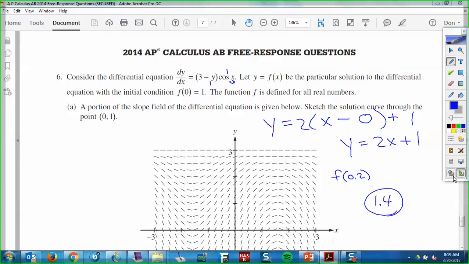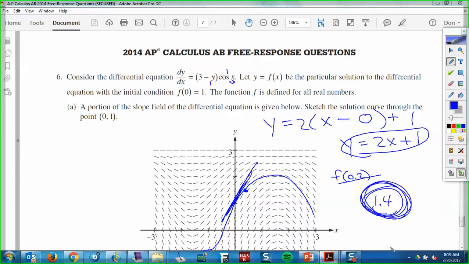Let's draw it in because it's the same one we just did here. This is our solution curve, drawn in here like so. Now there's going to be a tangent line right there, and we found that tangent line to be 2x plus 1. Now, f of 0.2 is going to be on this curve right there. What did we just find with 1.4? We found that point right there, right?